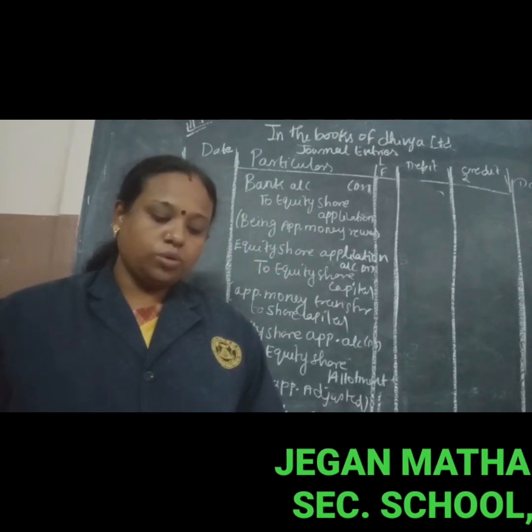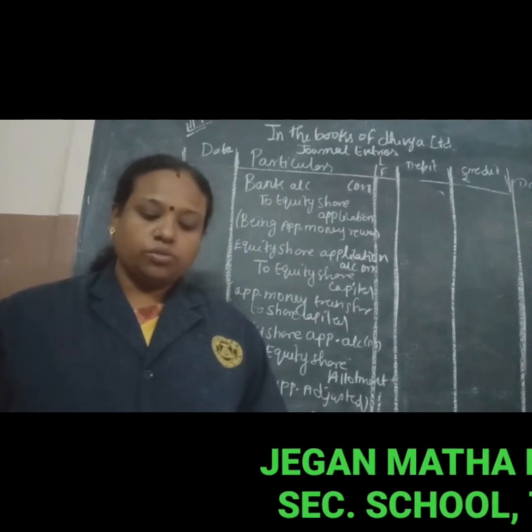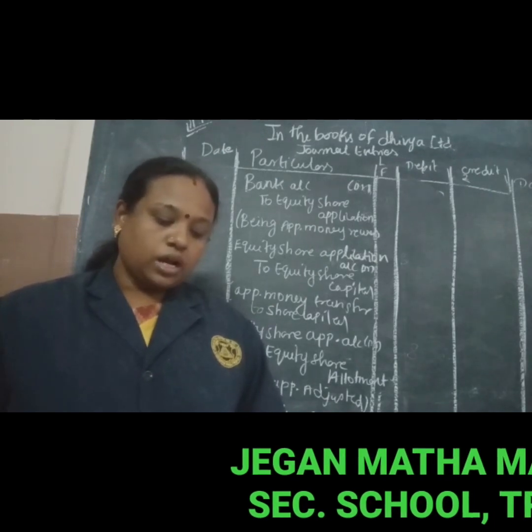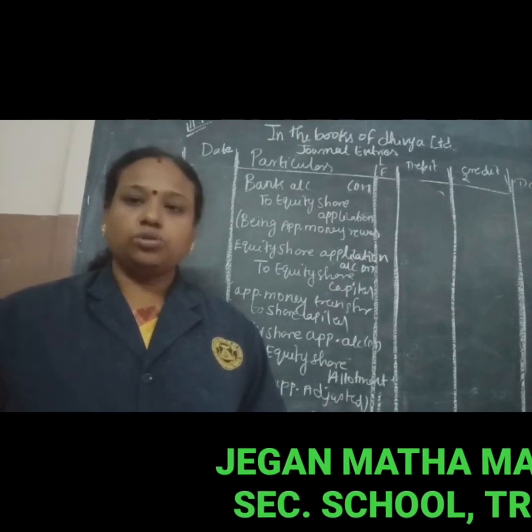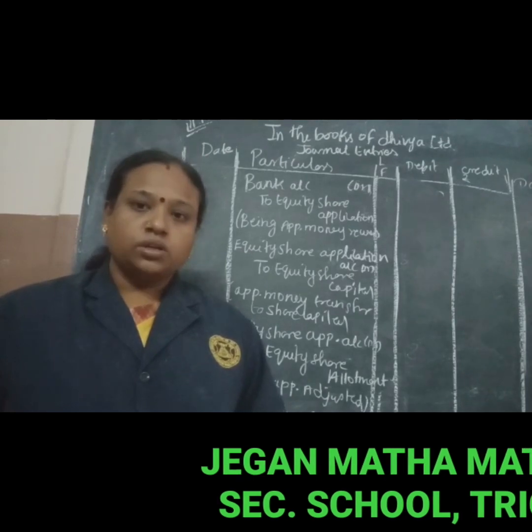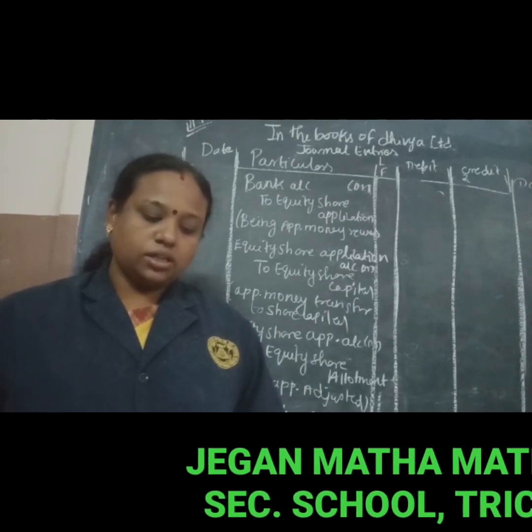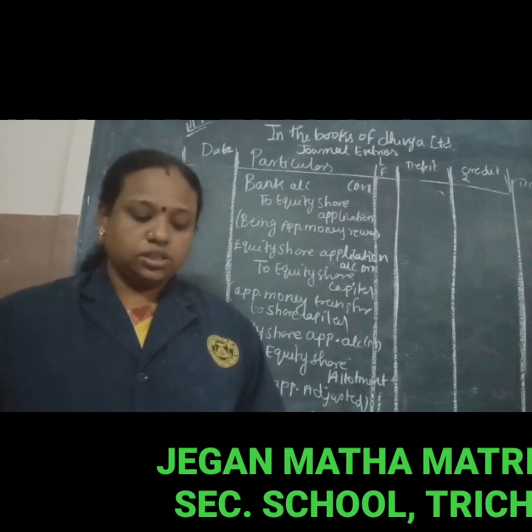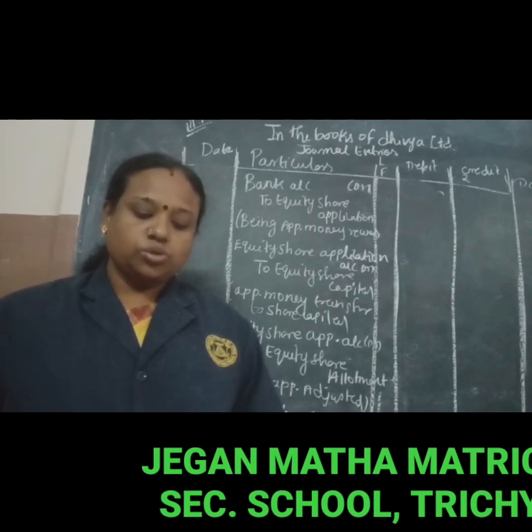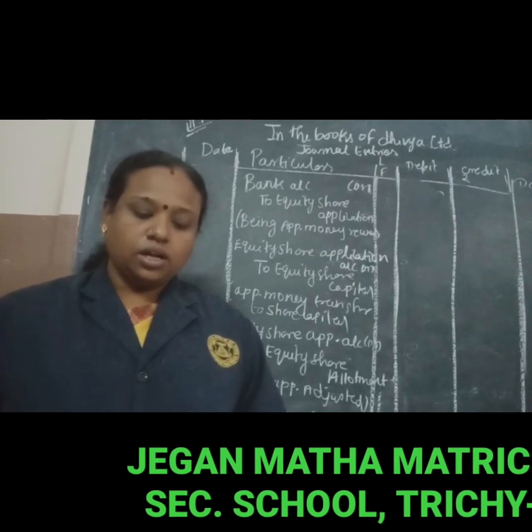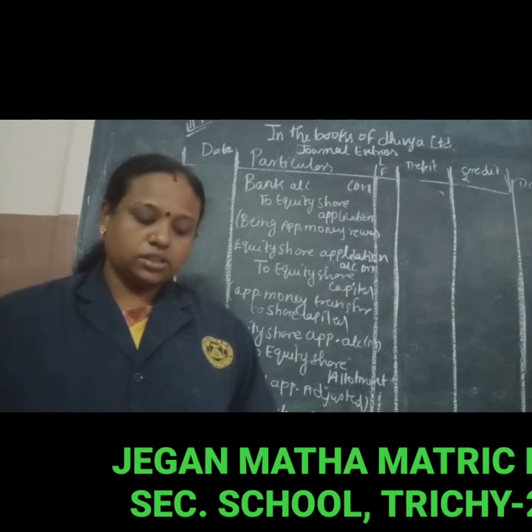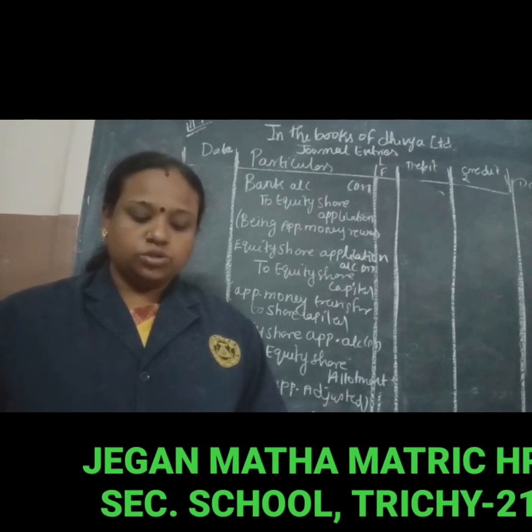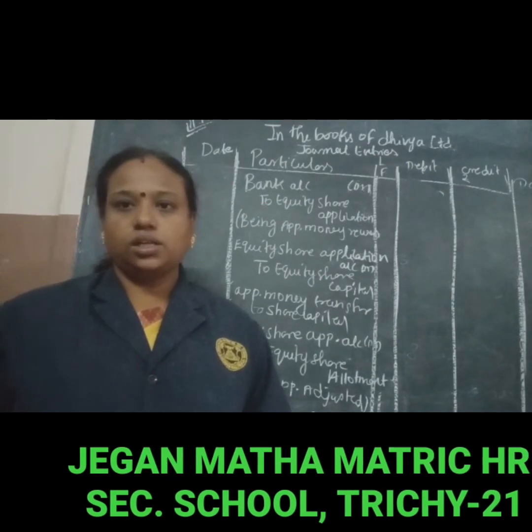The amount payable was 2 rupees on application, 5 rupees on allotment including premium of 2 rupees, 3 rupees on first call and 2 rupees on final call. Because the shareholder failed to pay the first call and the final call on his 300 shares, all the shares were forfeited and out of them 200 shares were reissued at the rate of 9 per share. Pass the necessary journal entries.